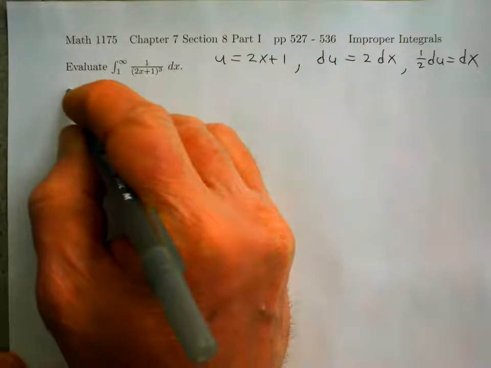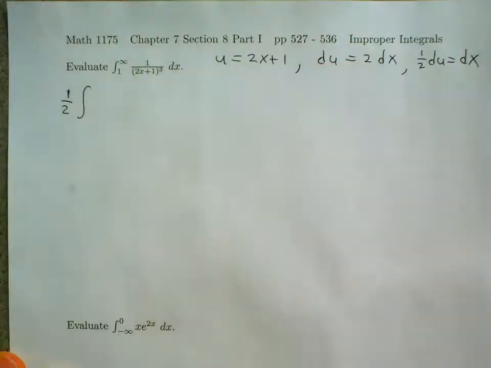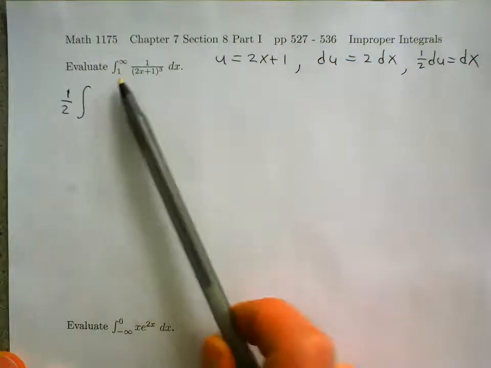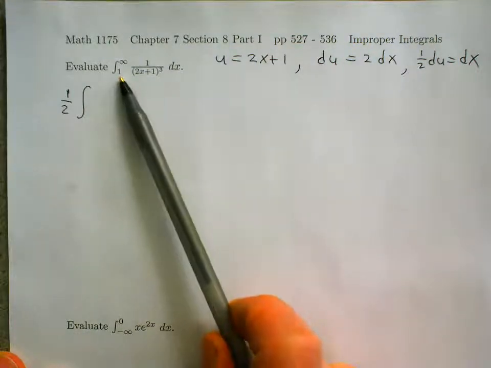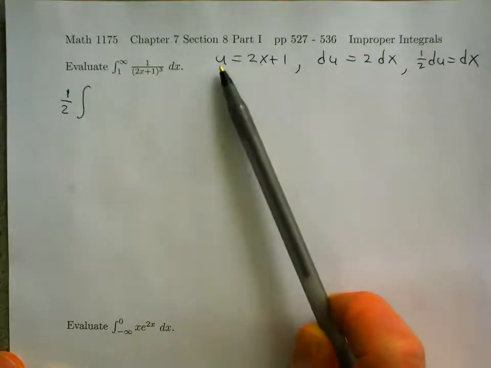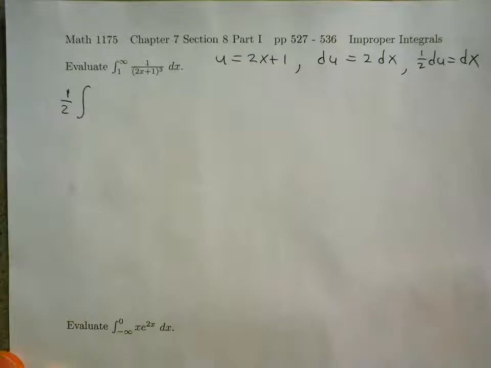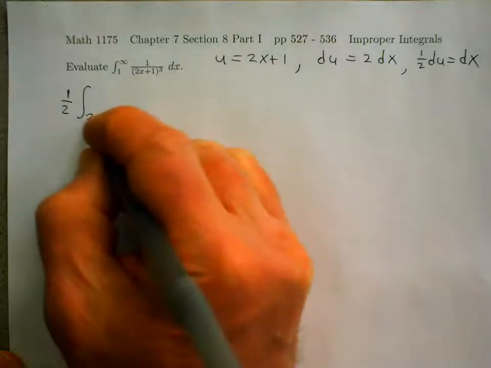So I'll bring the constant factor 1/2 out front. In this original improper integral, the lower limit is x equals 1. But when x equals 1, the lower limit for the variable u is 2 times 1 plus 1, which is 3.